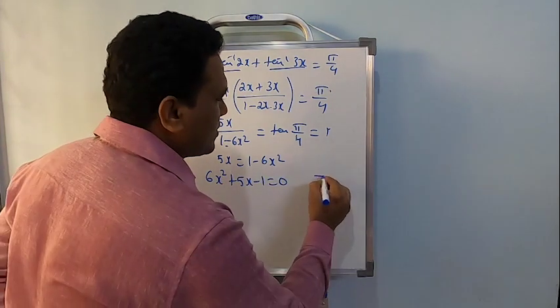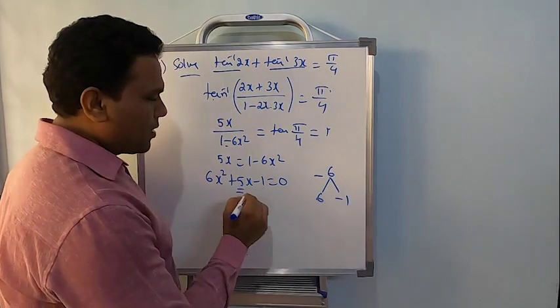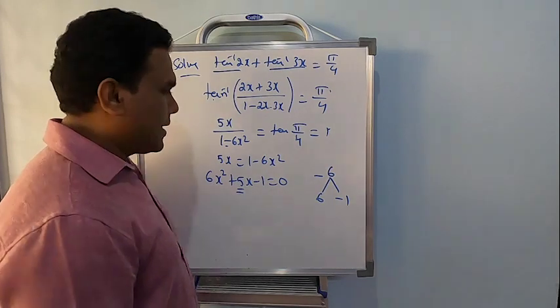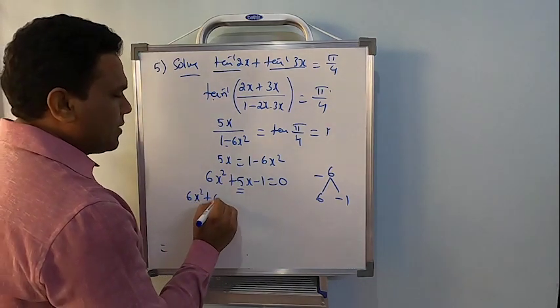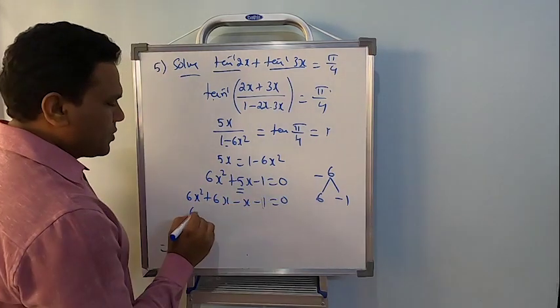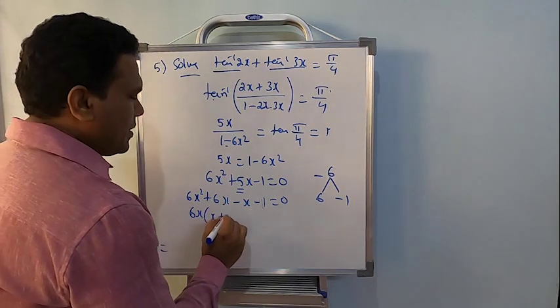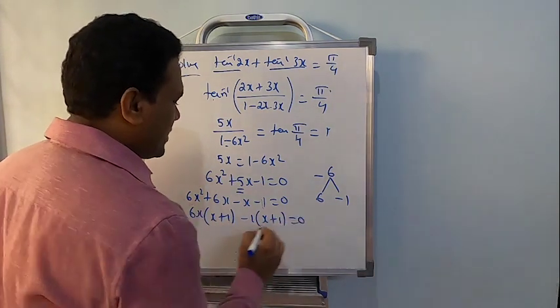So I should find the factors for minus 6. It should be 6 and minus 1, because on addition I want 5. On factorizing, this will be 6x square plus 6x minus x minus 1 equal to 0. So write 6x common, x plus 1, and minus 1 common, x plus 1, equal to 0.